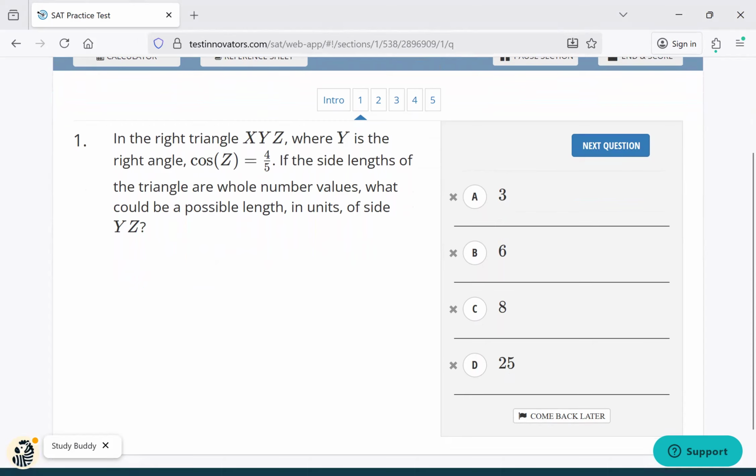In question one, in the right triangle XYZ, where Y is the right angle, cosine of Z is positive 4/5. If the side lengths of the triangle are whole number values, what could be a possible length in units of side YZ? So draw your triangle.